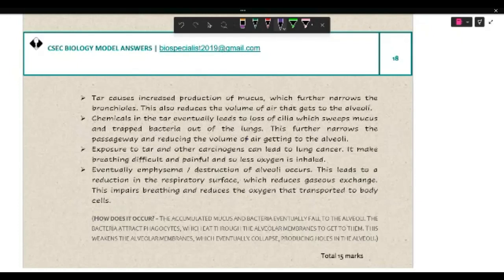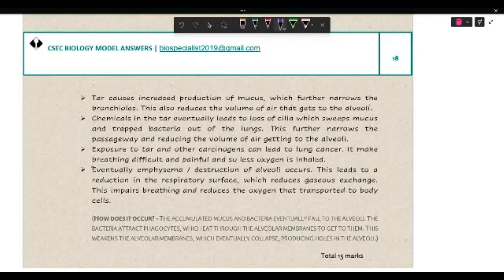So if all of this stuff is happening in the bronchioles, it's narrowing and blocking the passageway to the alveoli. So you could be breathing in deep breaths and everything, but the air isn't getting to the alveoli. It's getting stuck in the bronchioles, right?